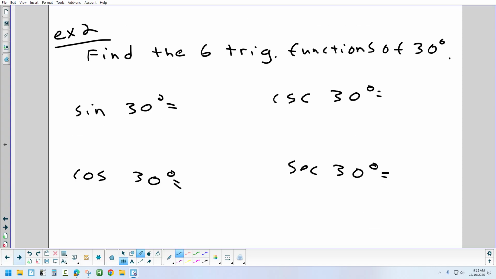Let's try the 6 trig functions of 30. With 30s and 60s, you have to be careful because it involves the 1/2 and the root 3 over 2, but you have to get them in the right order. What's the coordinate for 30 degrees? Yep, root 3 over 2, 1/2.